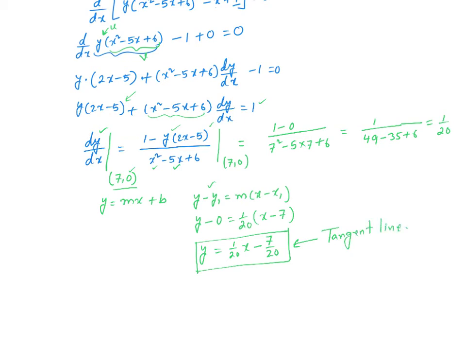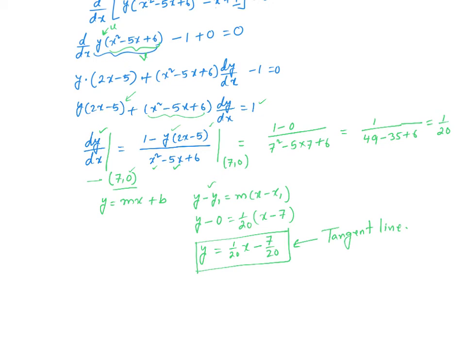Now we also need to find the equation of the line which is perpendicular to the tangent line and also goes through the same point, 7, 0, which, by the way, could be found very easily. Remember, if you know that two straight lines are perpendicular to each other, then their slopes have a special relationship, which is basically that they are negative reciprocals of each other.